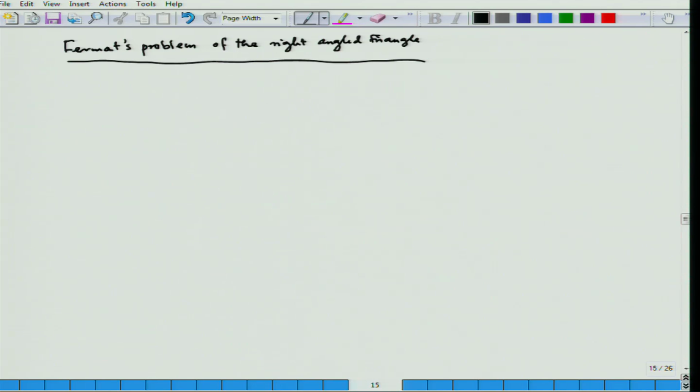So, the Fermat problem of the right angle triangle is like this. You have a right angle triangle, one side is x1, one side is x2. I expect the sum to be 10. So, there are going to be many such combinations of x1 and x2 which will give me x1 plus x2 is 10.